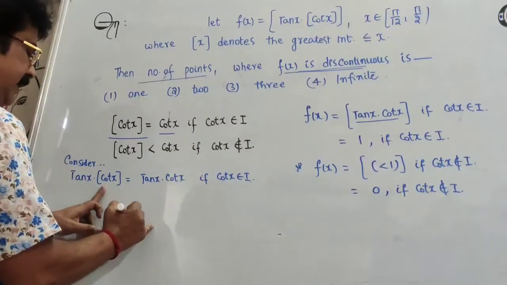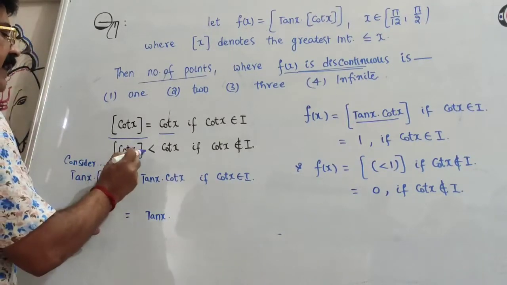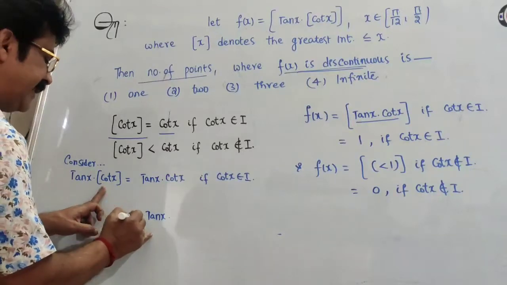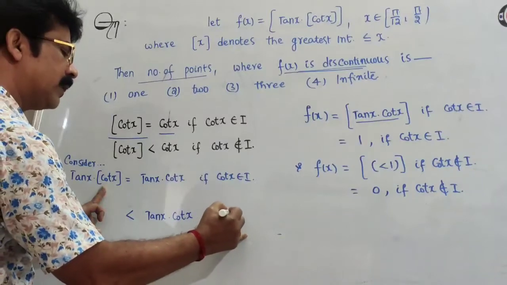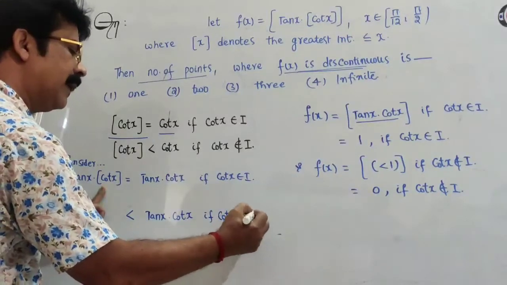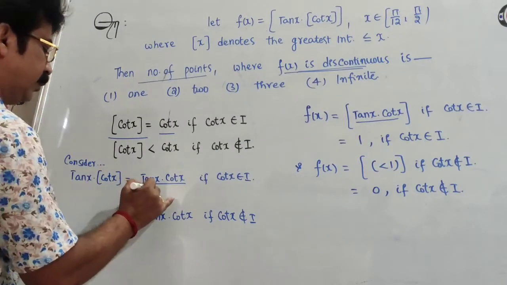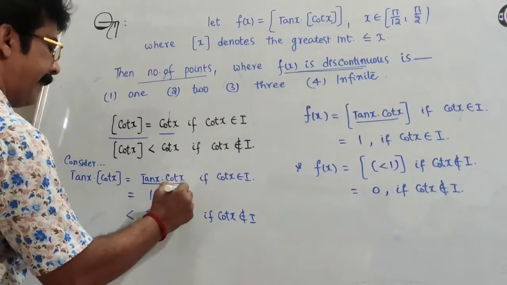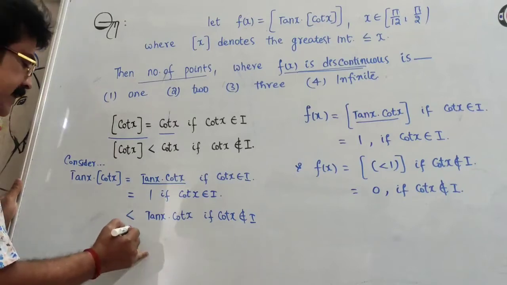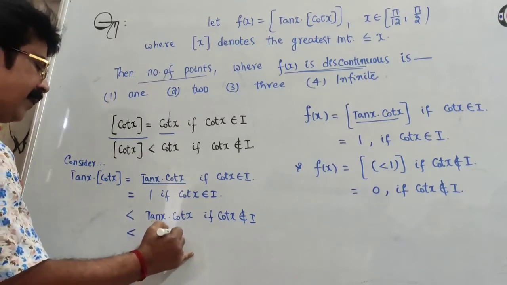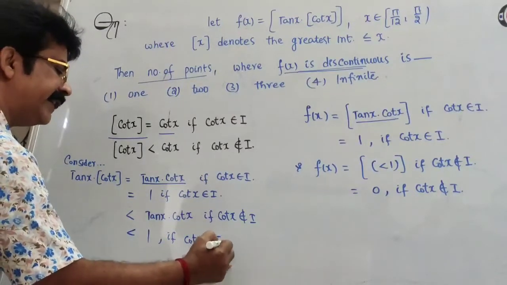Next, it is tan x into floor of cot x, which is less than tan x into cot x, if cot x does not belong to I. Actually this is tan theta into cot theta, which is 1, if cot x belongs to I. Next, this is less than 1 if cot x is not an integer.